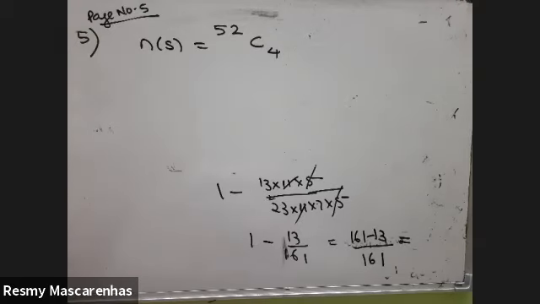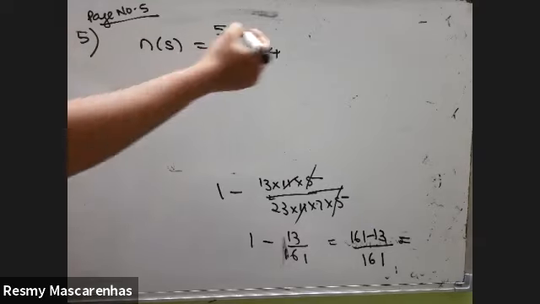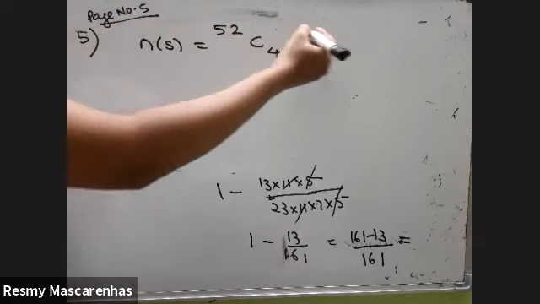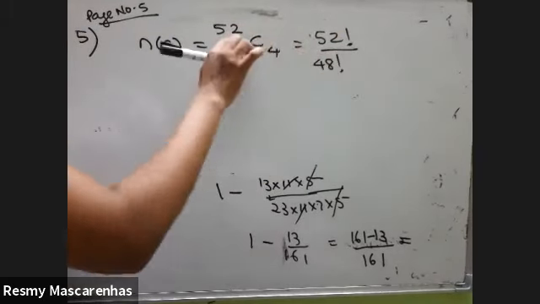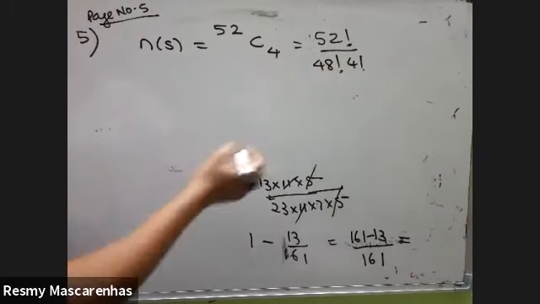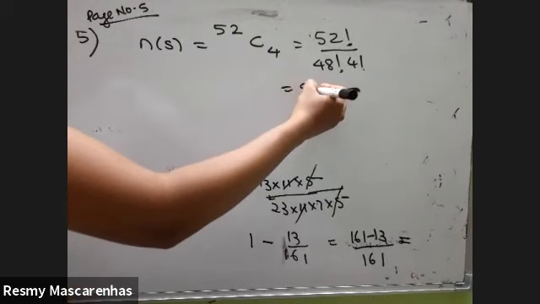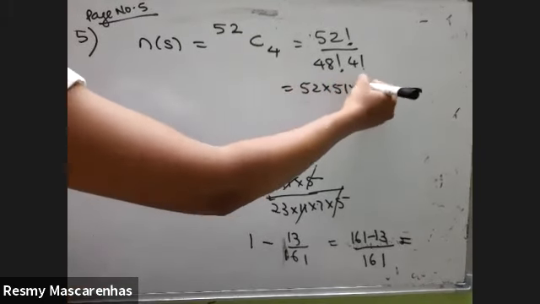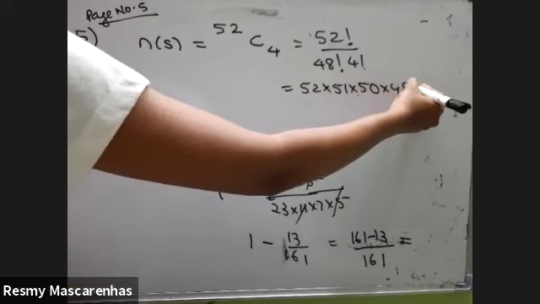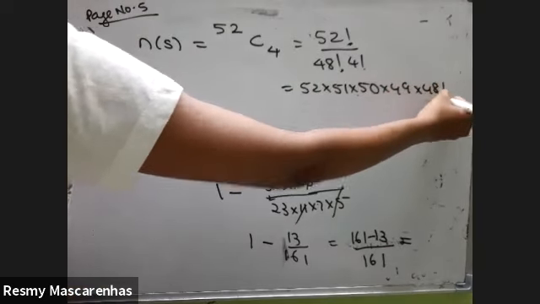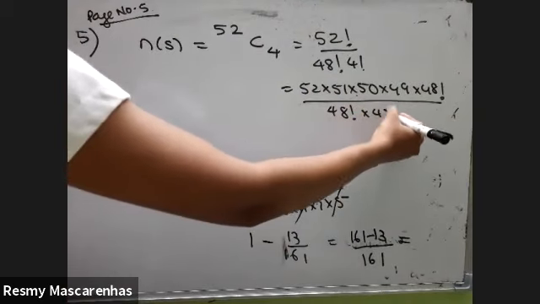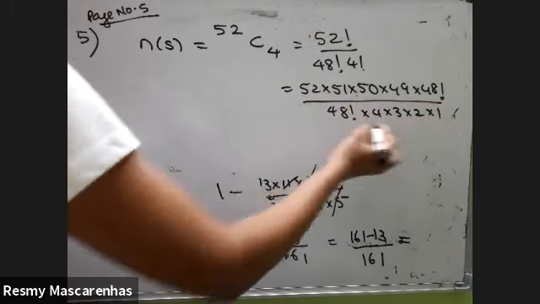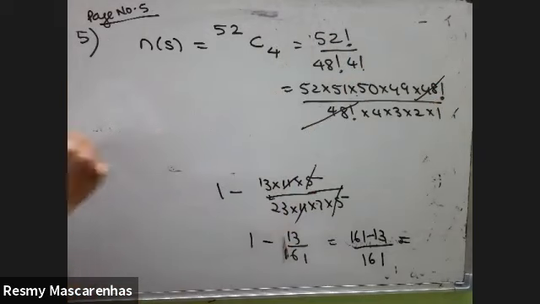This is page number 5. This is 52 factorial upon 48 factorial, 52 minus 4. So 52, 51, 50, 49, 48. 48 and 48 will cancel.